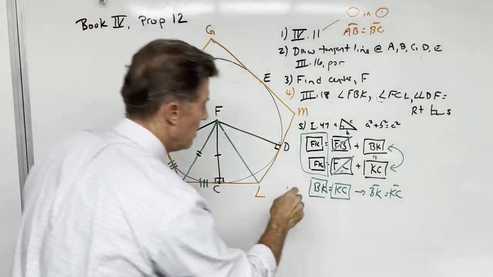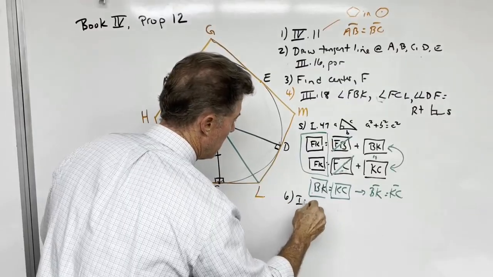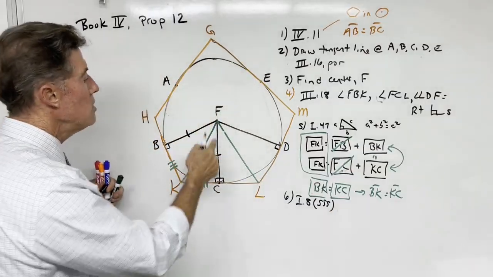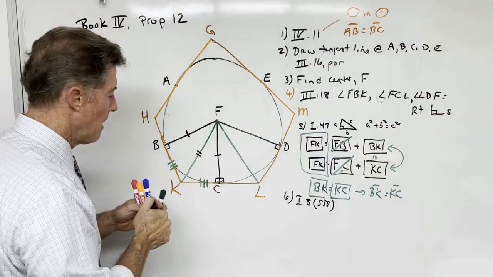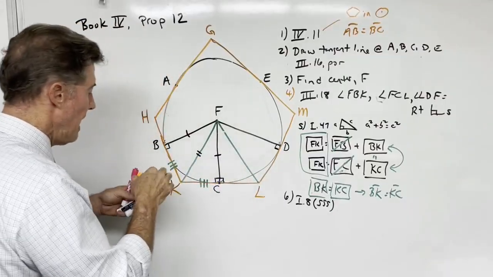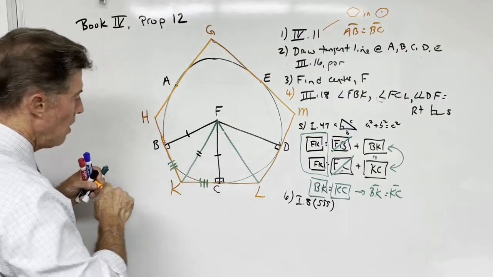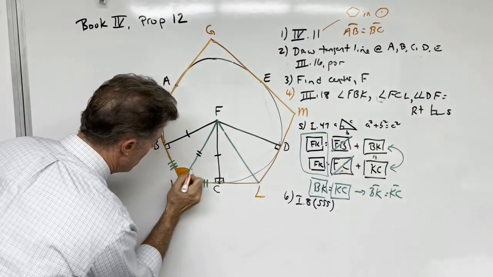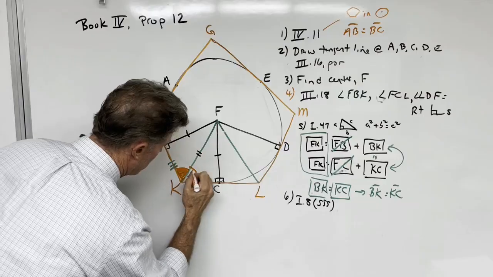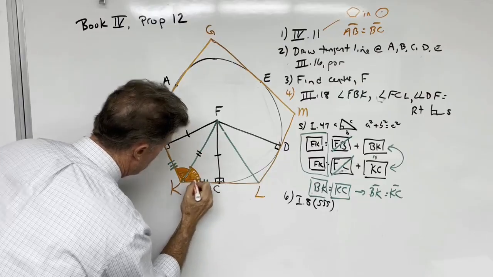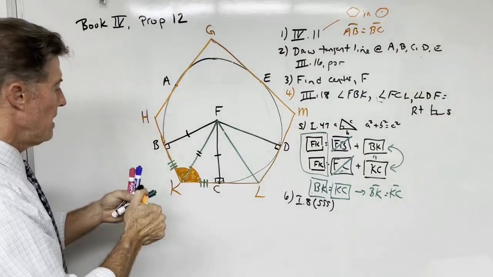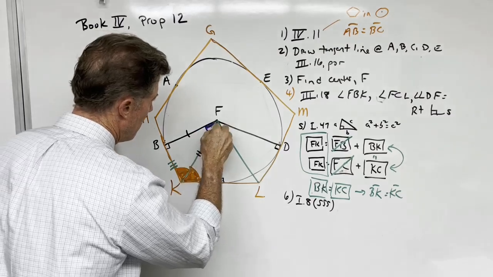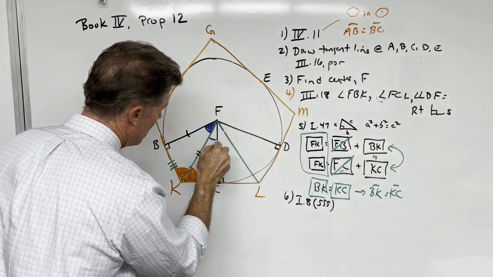We can know, using Book 1, Prop 8, our famous side-side-side proof for the equality of triangles, that these triangles are equal in all respects, that all their corresponding parts are equal. In particular, we know that this angle here is equal to this angle here. Furthermore, we know that this angle here is equal to this angle here.